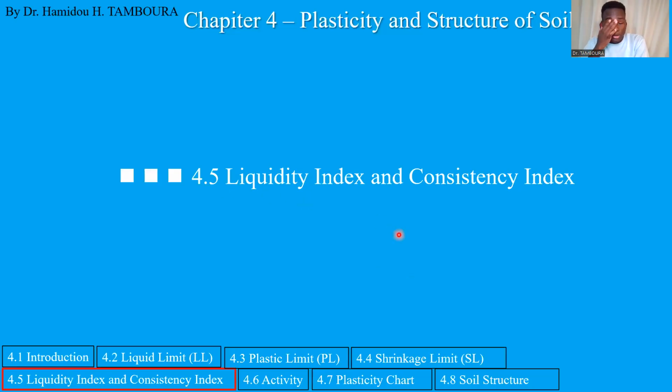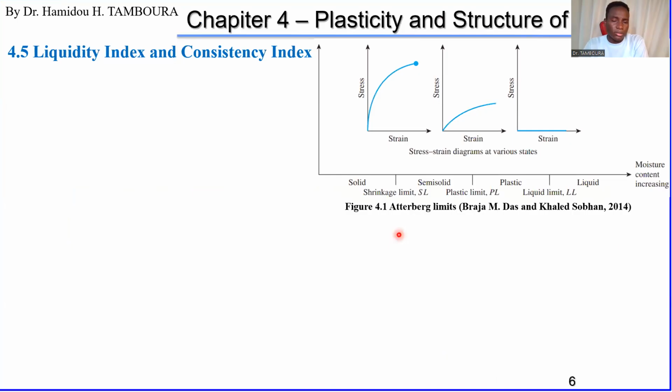So let's start with section number 5 of this chapter, liquidity index and consistency index. What is liquidity index? What is consistency index? We have talked about all these already. What is liquid limit?